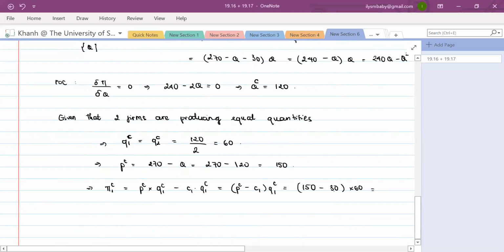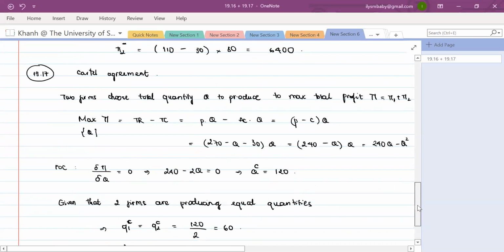So that is 120 times 60, which will give you 7,200. Very similar for firm 2, it's exactly the same: PC minus C2 times Q2C, where PC is 150, the same marginal cost, and the same quantity produced, which is 60, so that is 7,200.